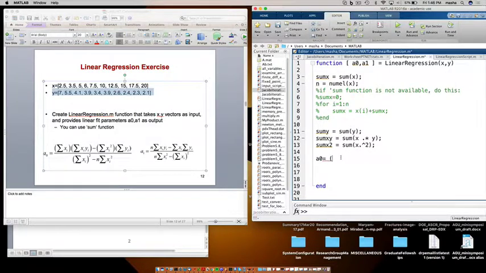So then this is sum x times sum xy minus sum x squared times sum y, divided by sum x squared minus n times sum x.